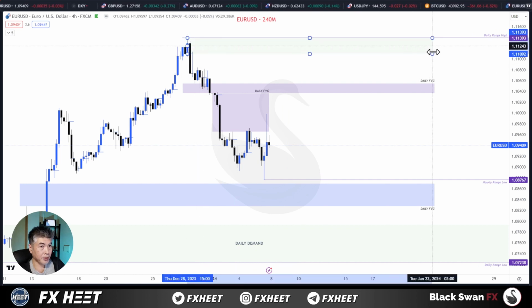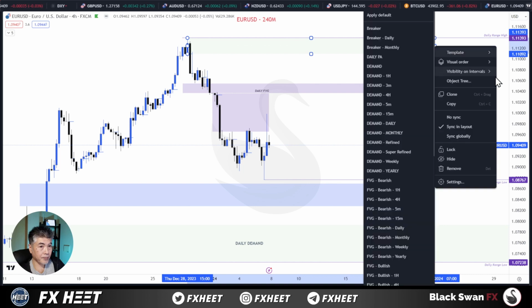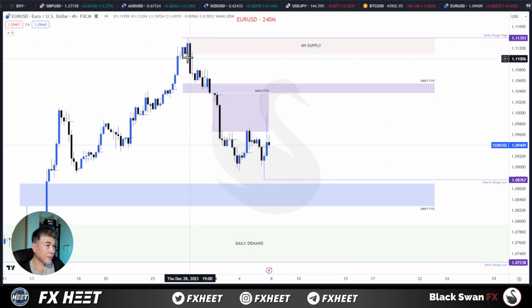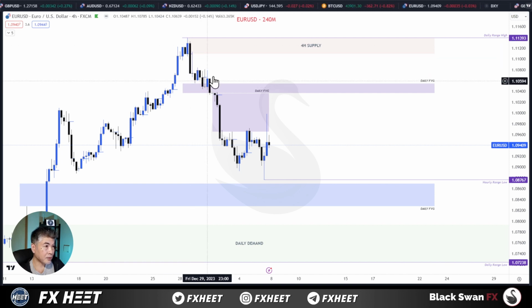Supply is going to be up here. All the inefficiency was taken out with the next candle. Some inefficiency here that's overlapping that daily fair value gap.